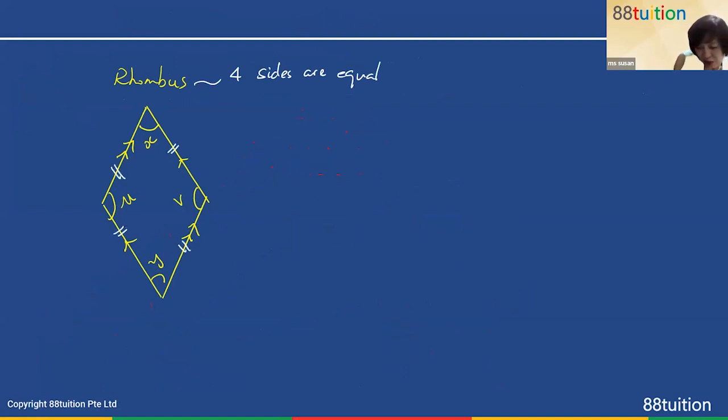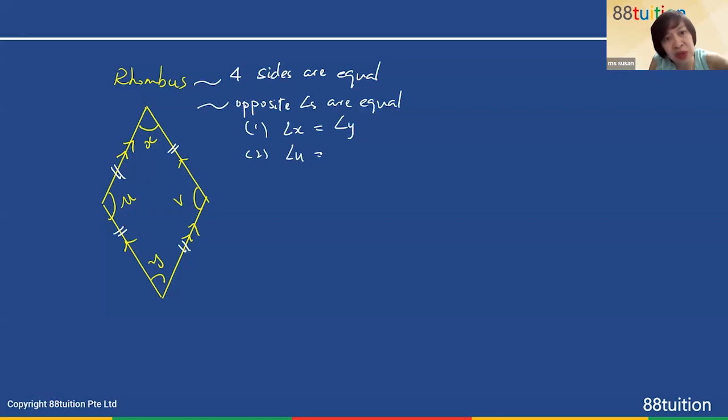So again, for this rhombus, we can also say that opposite angles are equal. Where are the opposite angles? Who can tell me? Where are the opposite angles? Angle X is equal to angle Y. Angle U is equal to, can you write down on the chat function? Which two angles are the same?